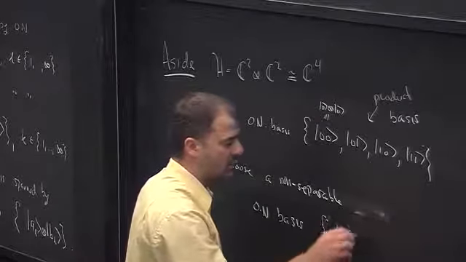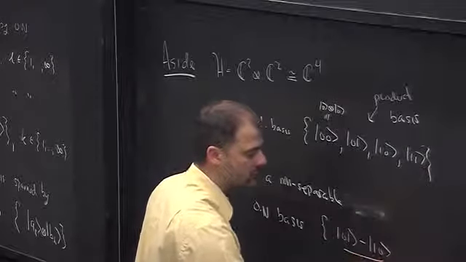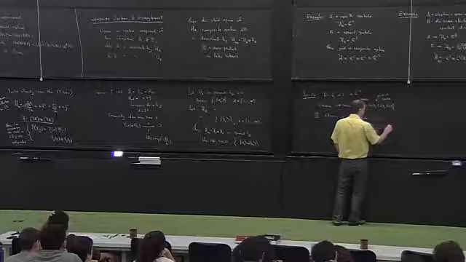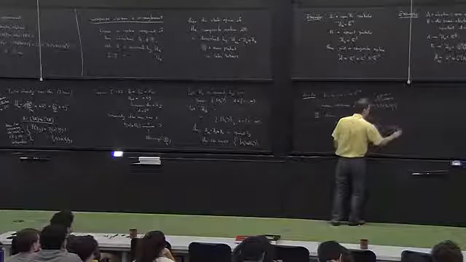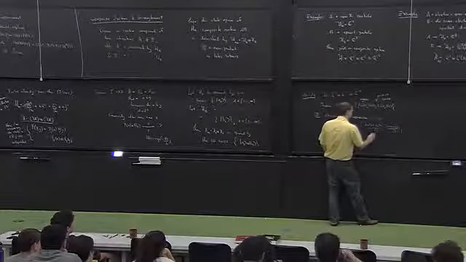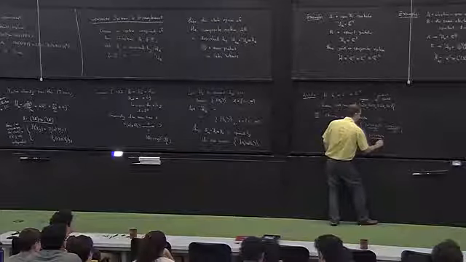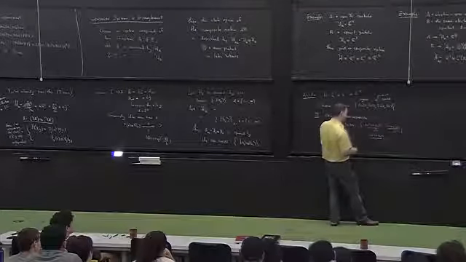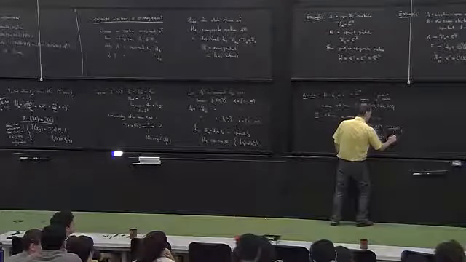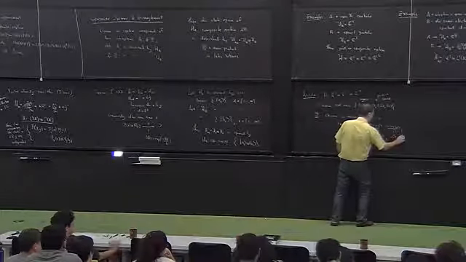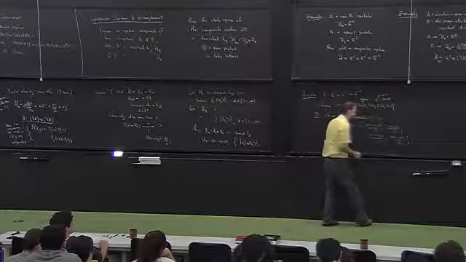There's 0 1 minus 1 0 over square root of 2. There's 0 0 plus 1 1 over square root of 2. There's 0 1 plus 1 0 over square root of 2. Oh, what am I missing? The difference, 0 0 minus 1 1? Really? I should know this by heart. All right. Well, something like that anyways.